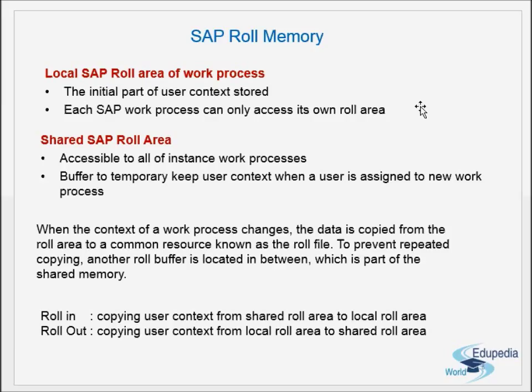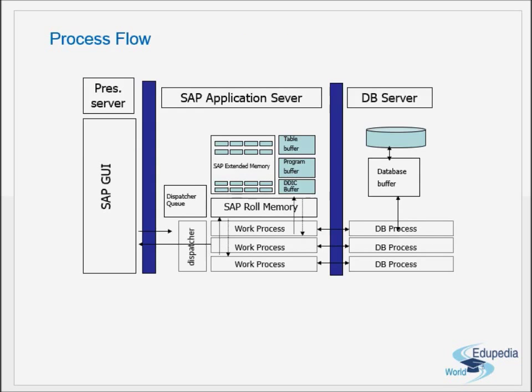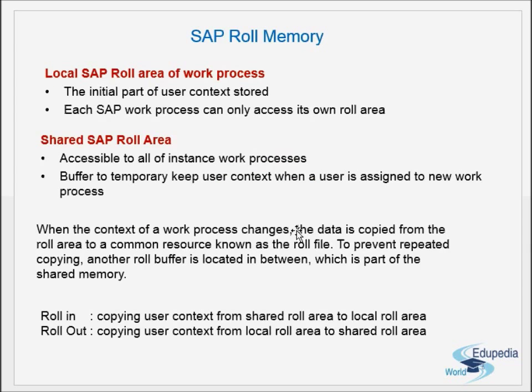Every SAP work process also has some internal memory. Here this is the shared memory, the shared role memory. However, every work process also has some internal memory, its own role area.